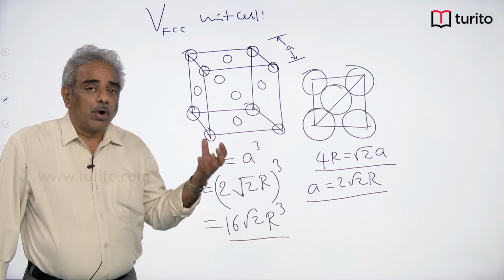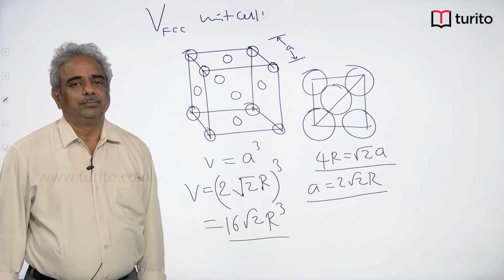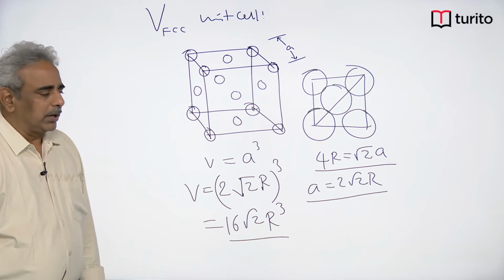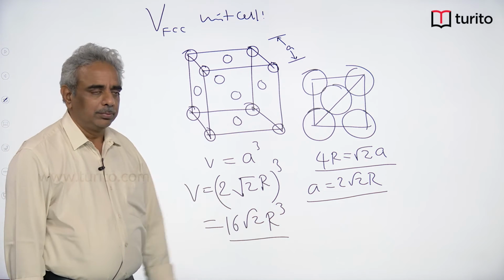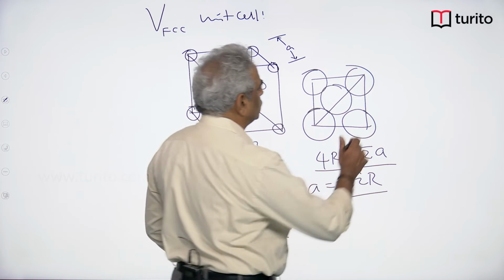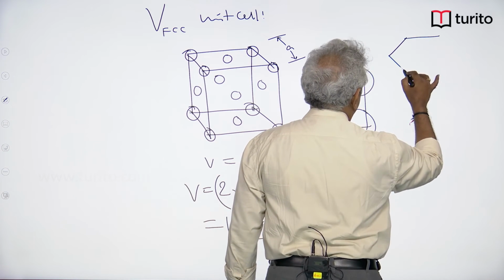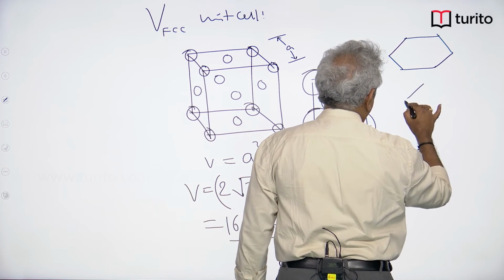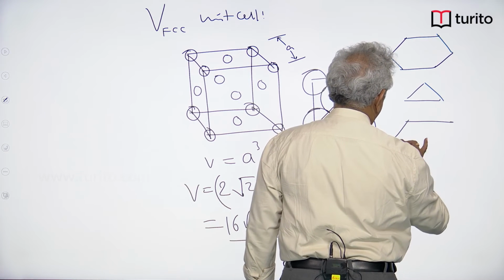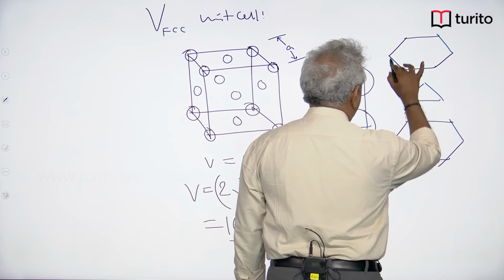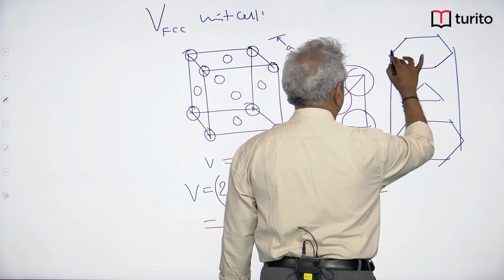How to calculate volume of hexagonal unit cell? Let us see and work out. Remember this 16 root 2 r cube. Hexagonal unit cell means what? It will be like this. I want the volume of this unit cell.